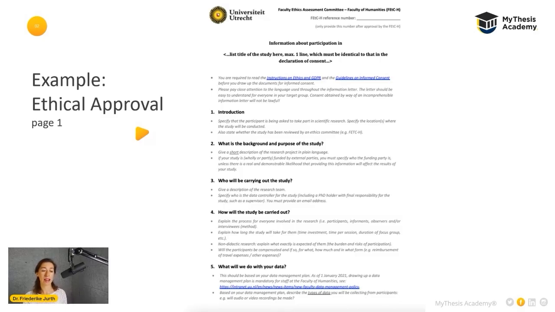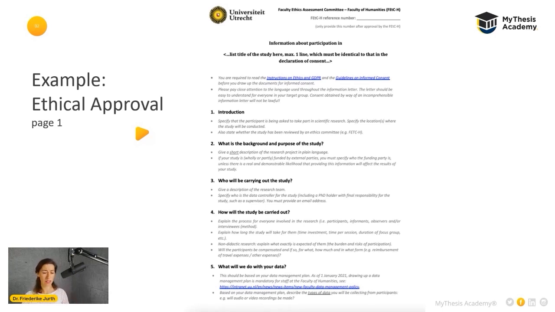Then you should explain how long the study will take. So you need to inform about the time investment, also the time per session, per recorded session, the duration of a focus group, etc. So you need to clarify if you are conducting long-term fieldwork or if it is punctual, and if so, then you need to declare and explain the episodes and periods of your fieldwork.